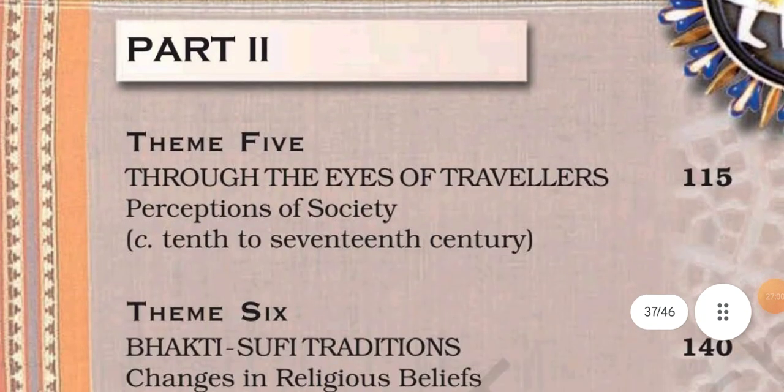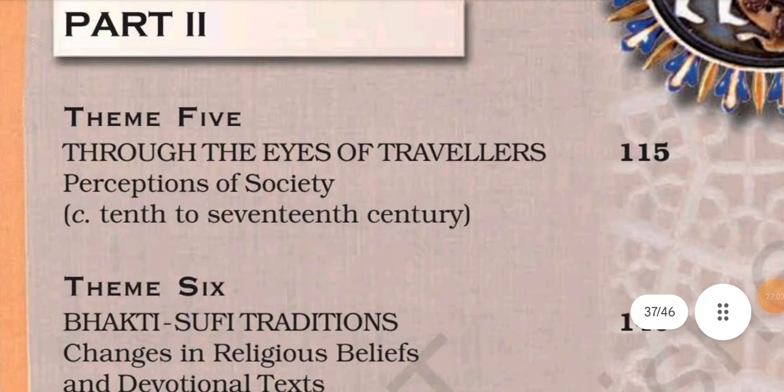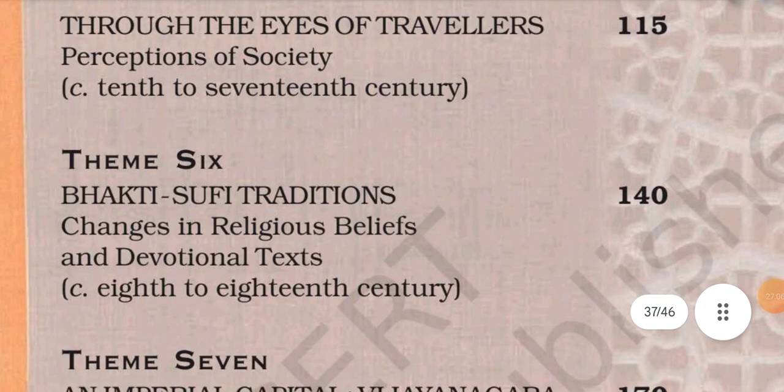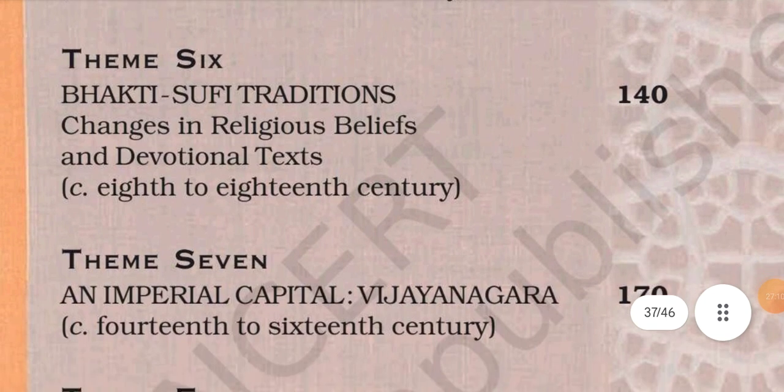Contents, Part 2. Theme 5: Through the Eyes of Travellers: Perceptions of Society, 10th to 17th century. Theme 6: Bhakti-Sufi Traditions: Changes in Religious Beliefs and Devotional Texts, 8th to 18th century.